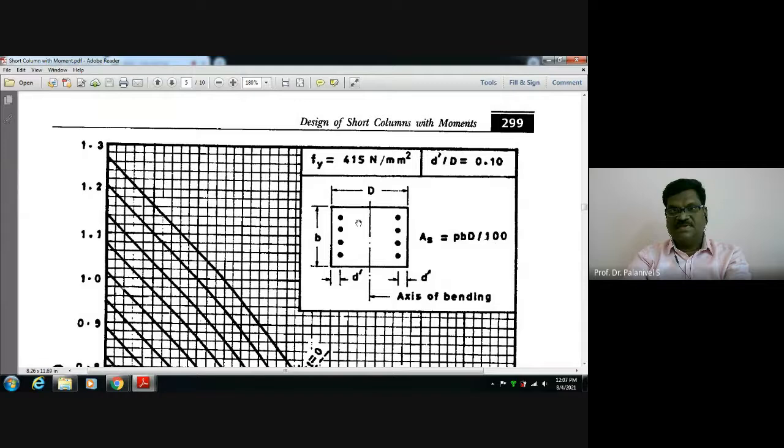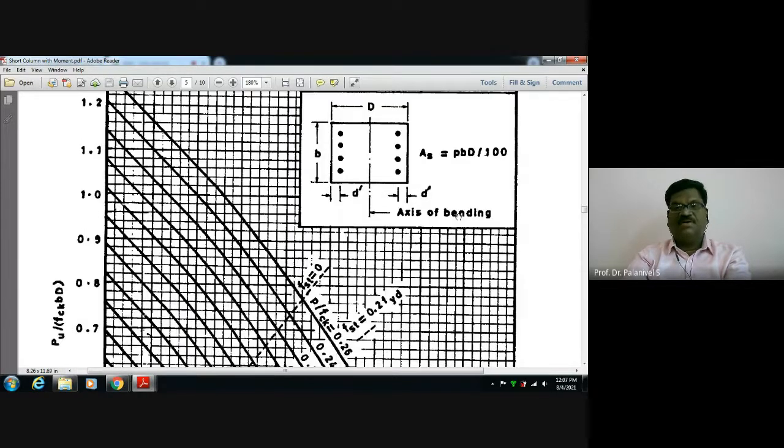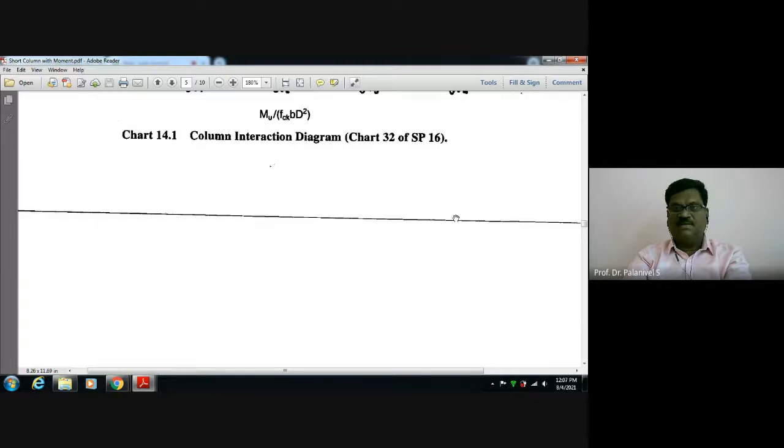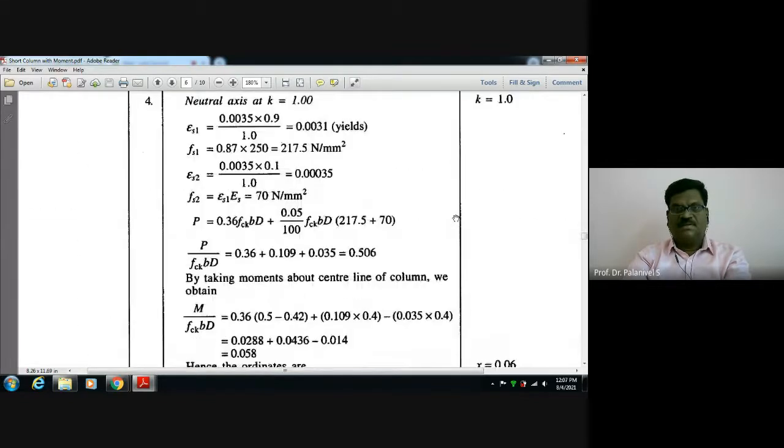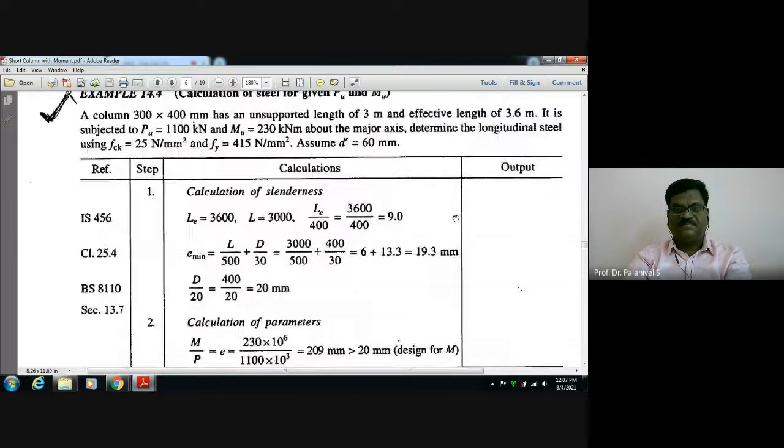So the bending is this side, this is the axis of bending. That is why this 400 you have to take to calculate. Which is 9. Even if you take the least lateral dimension 300, it will be less than that. Short column with respect to the axis of bending. Okay, 9. We got it.